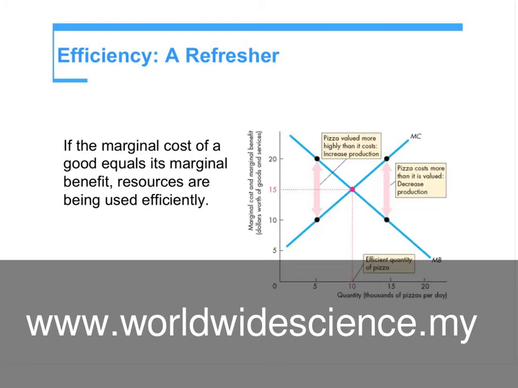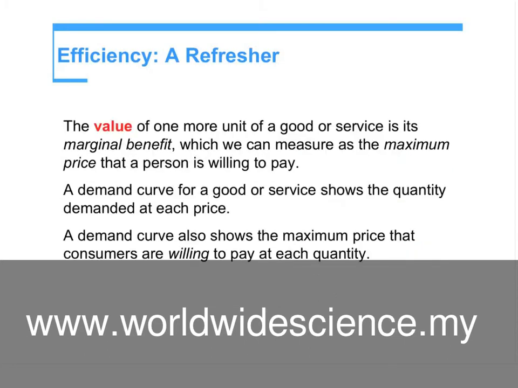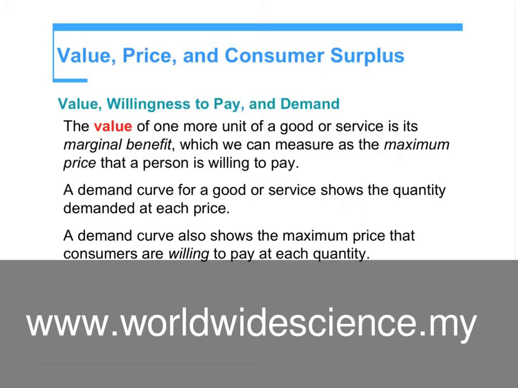Then value, price, and consumer surplus. So, what is value? The value of one more unit of a good or service is its marginal benefit, which we can measure as the maximum price that a person is willing to pay.